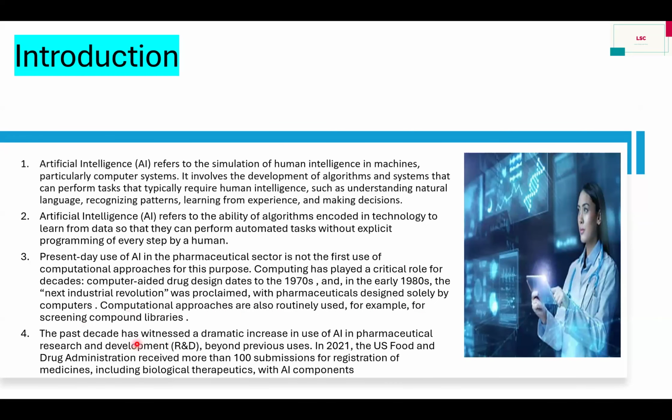The past decade has witnessed a dramatic increase in the use of AI in pharmaceutical research and development. In 2021, the US FDA received more than 100 submissions for registration of medicines, including biological therapeutics, with AI components.